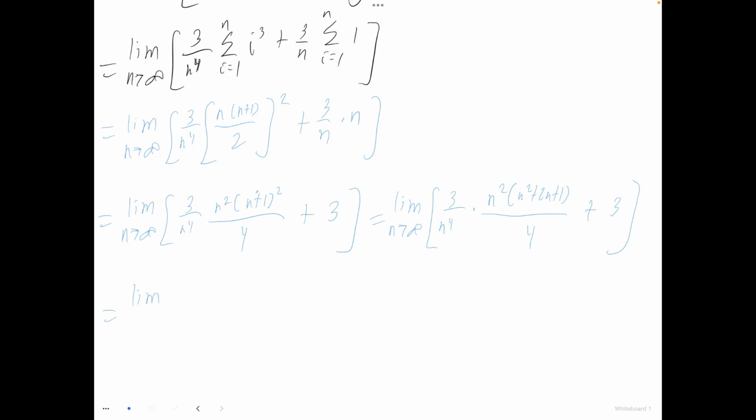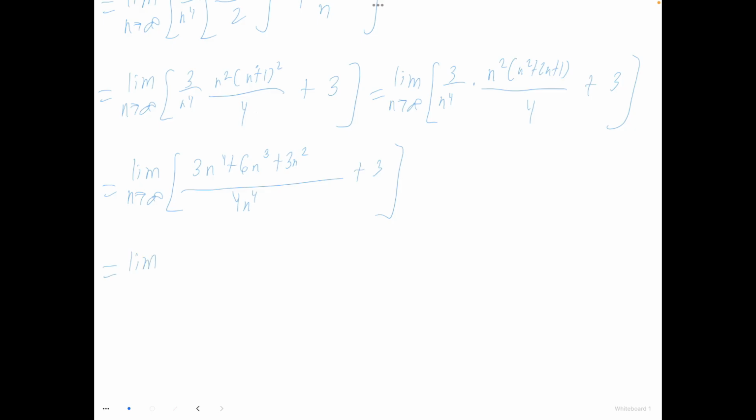So this is the limit as n goes to infinity of, now we're going to multiply stuff out more, so we get 3n to the 4th plus 3 times n squared times 2n, so we're going to get 6n cubed plus 3n squared, all divided by 4n to the 4th plus 3.